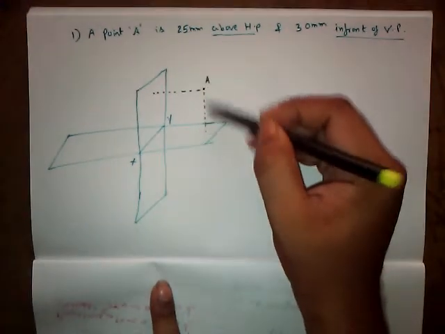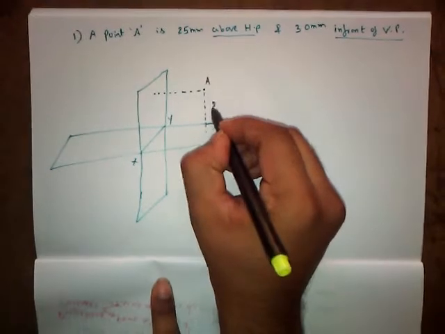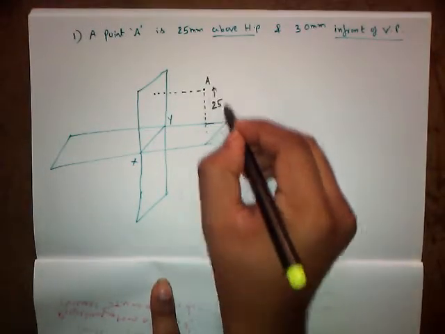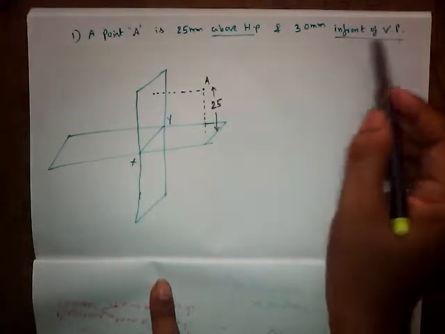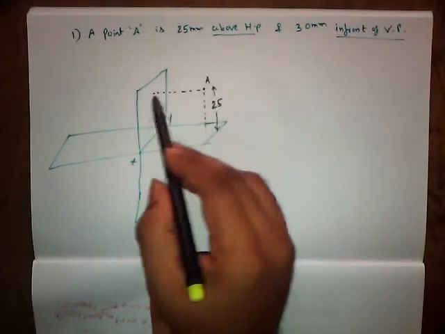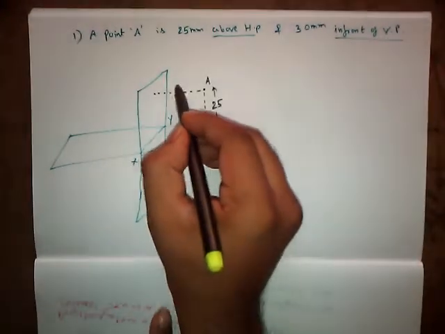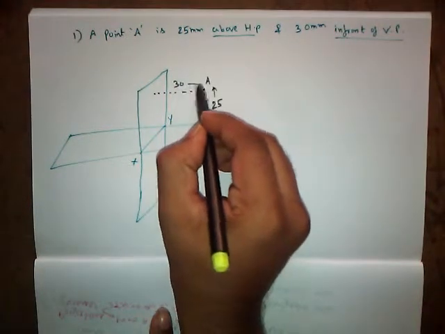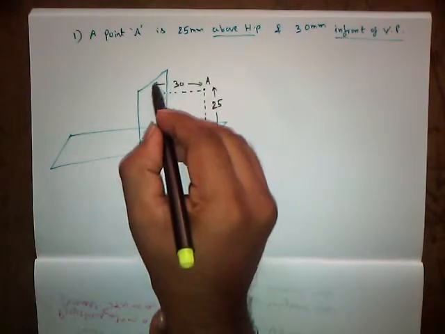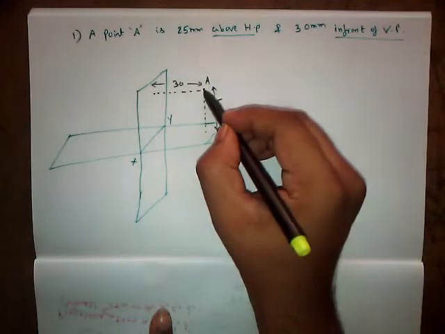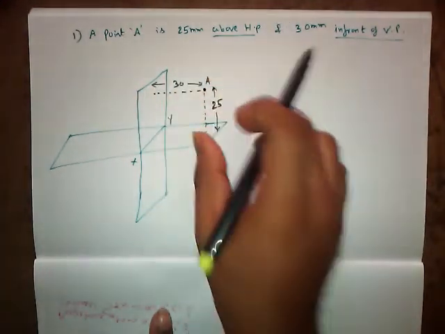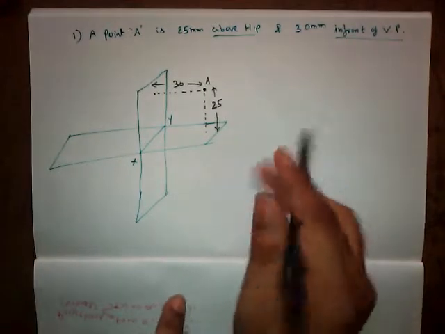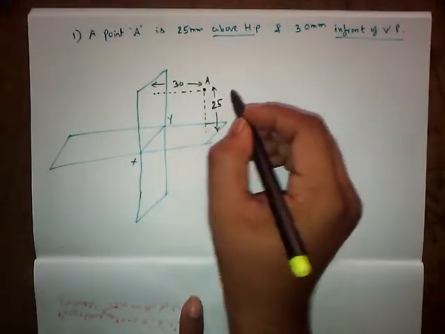And we have 30 mm in front of VP, so this part is the VP distance, 30 mm. Now we have designated that point A is in the first quadrant with its respective distances from the planes. Now the second part is that we need to project the points.